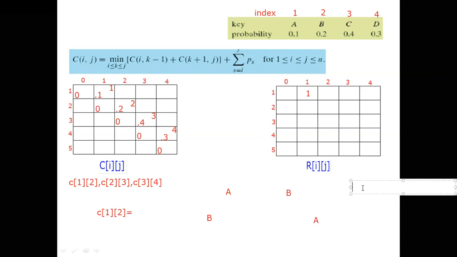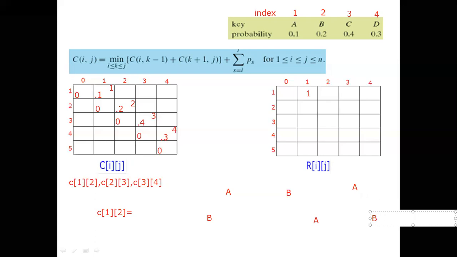So many combinations we have, 4 combinations we will get. It is A, B. Now next one is B, A. Now I will draw it as a tree so that you will understand.